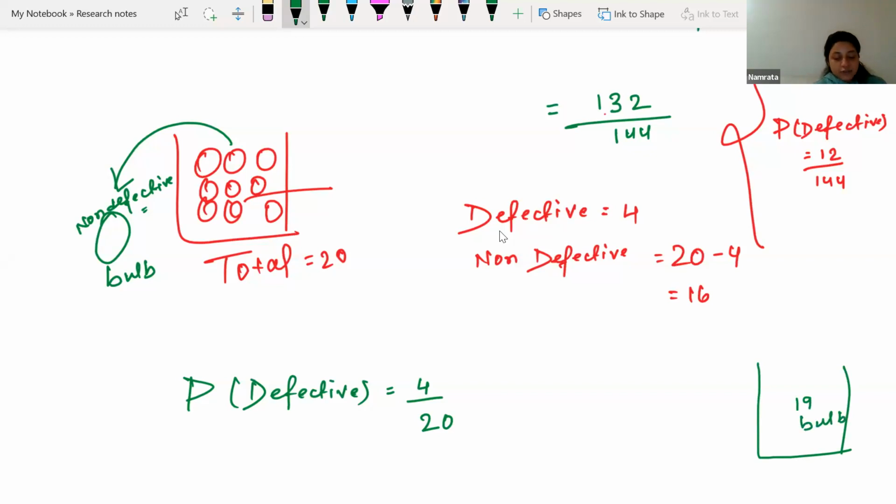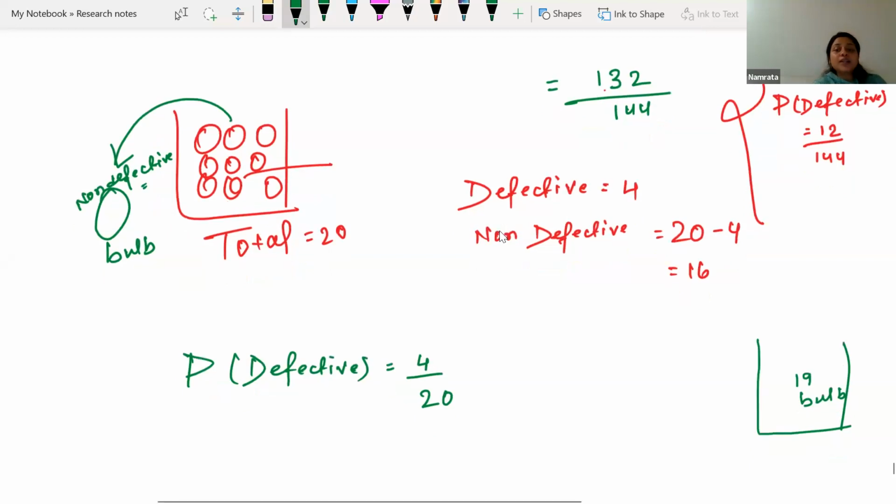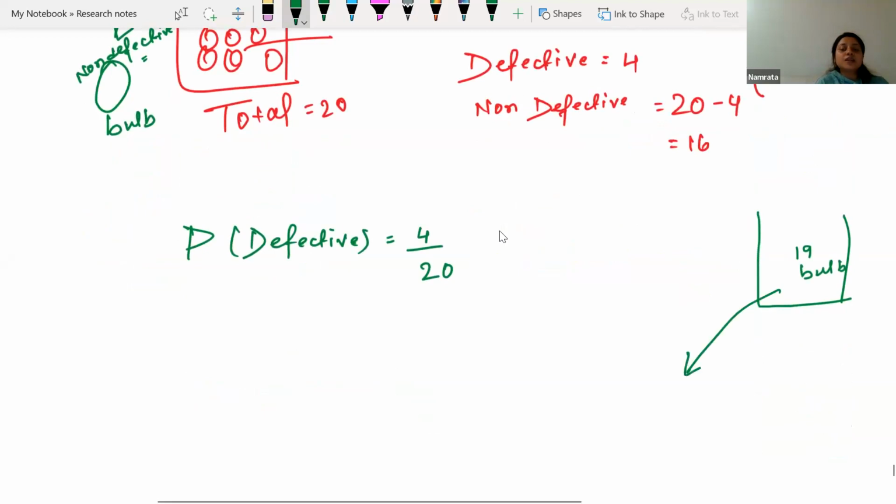Now what exactly do we have to find over here? Now one bulb is drawn at random from the rest. What is the probability that this bulb is not defective? From this lot of 19, we are taking out one bulb and we want the probability of getting a non-defective one. One non-defective bulb we have taken out.